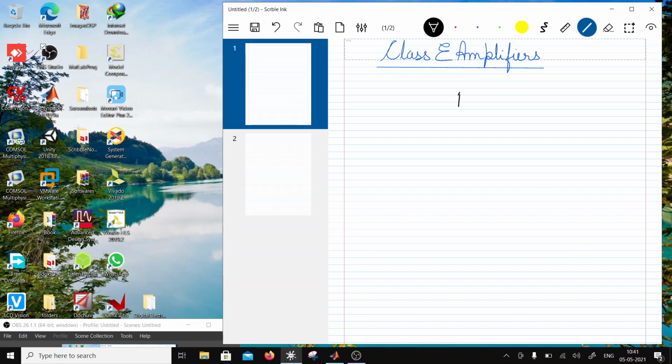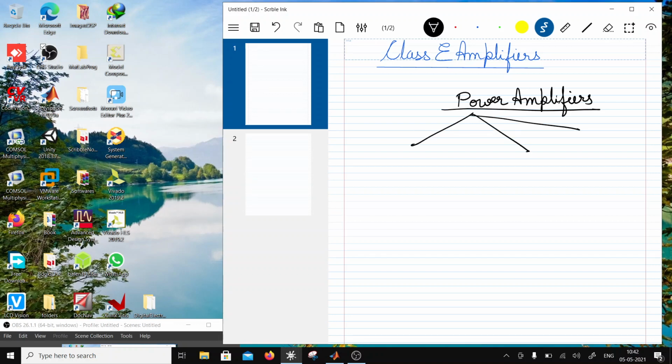Okay, so a power amplifier can be categorized into two categories mainly, or rather three categories. One is called non-switching amplifier. These are mostly linear amplifiers.